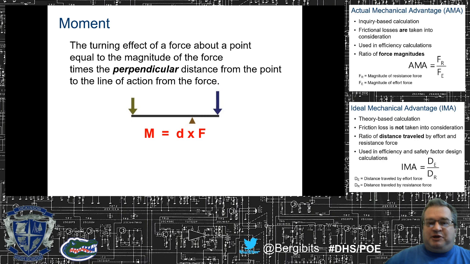So the first thing you have to do is calculate the moments. Once again, it's distance times force. So you've got forces and distances on this example here. You calculate the effort moment acting on the lever.